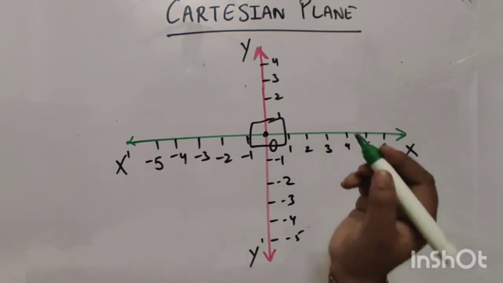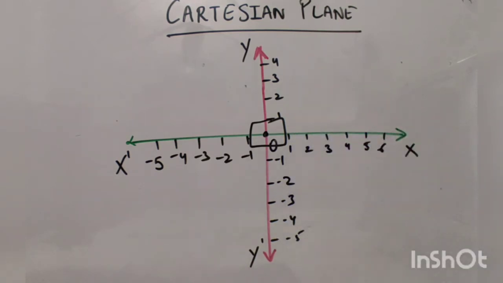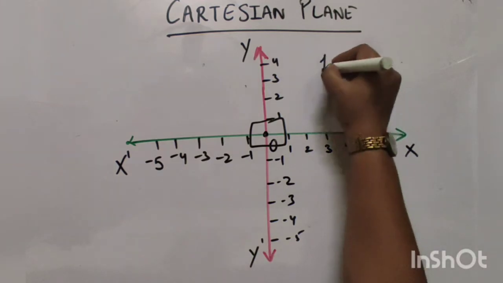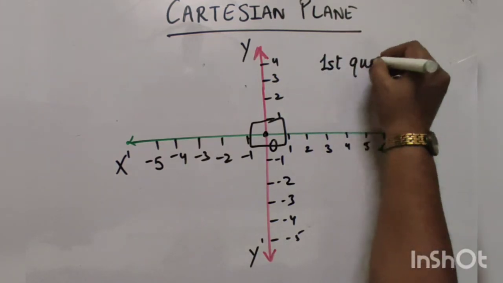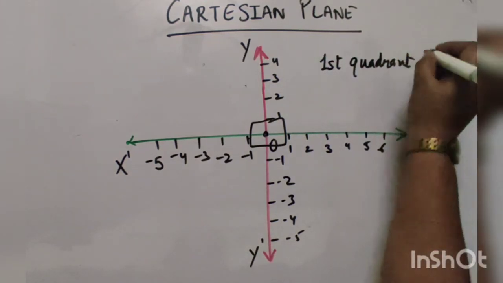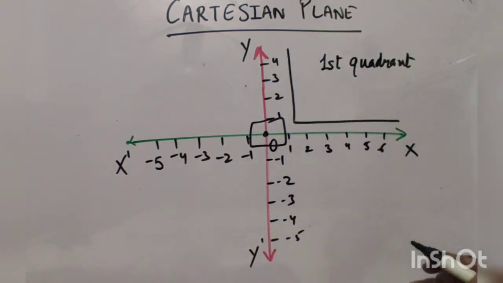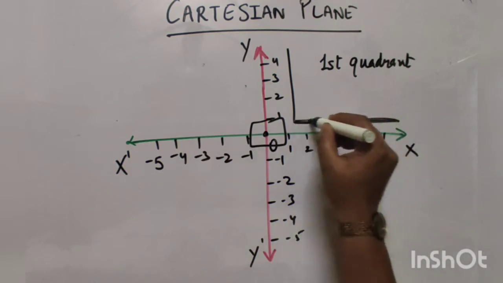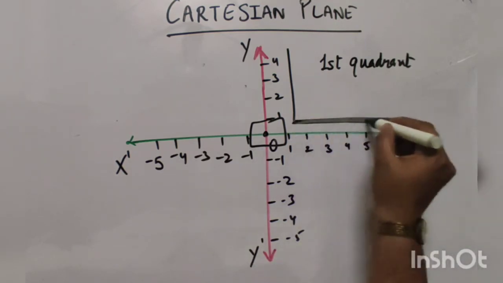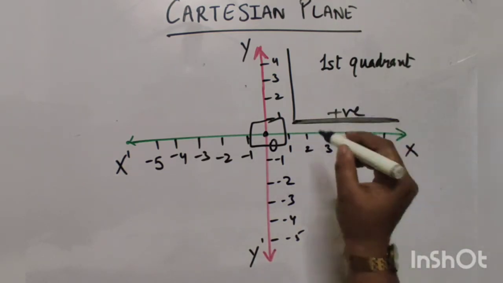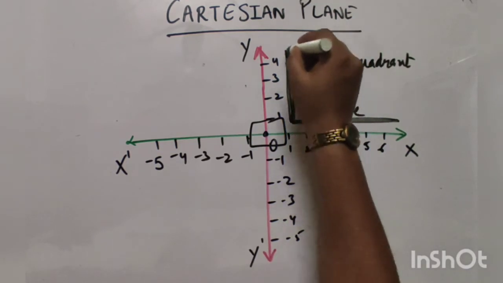If you observe carefully, you will notice that in the first quadrant, the horizontal portion has positive numbers as well as the vertical portion.